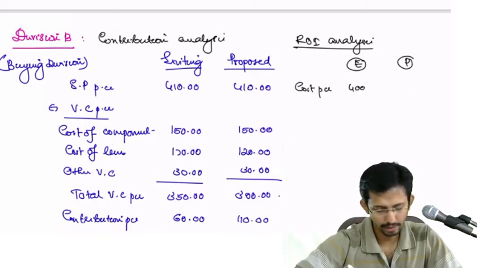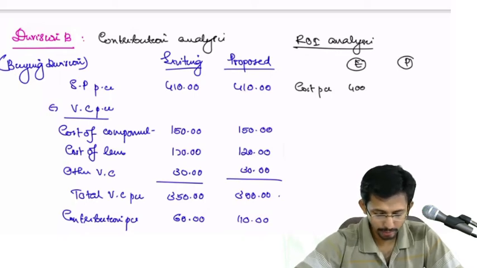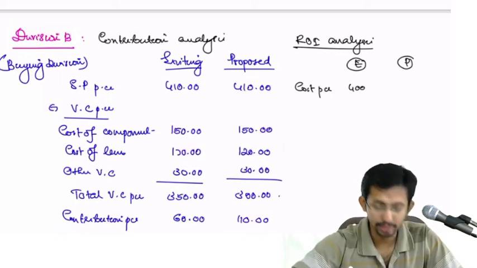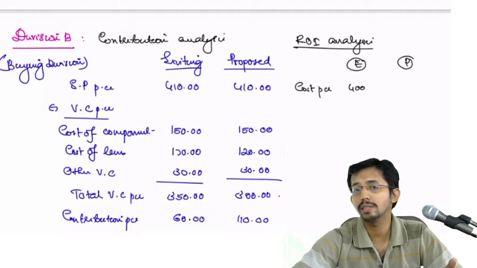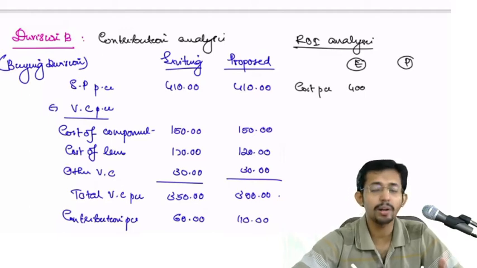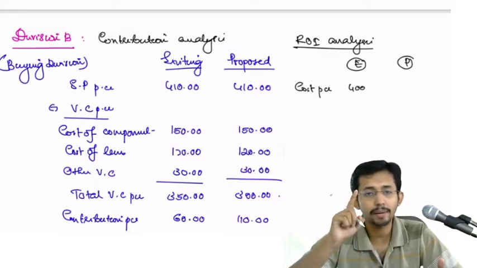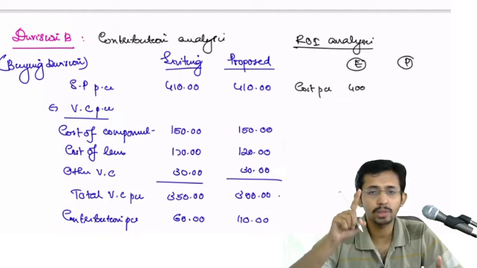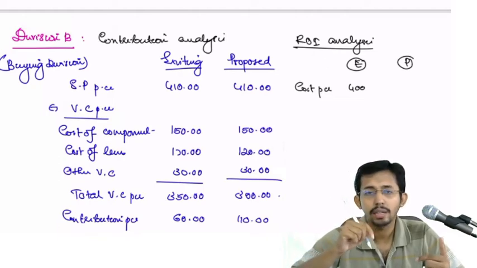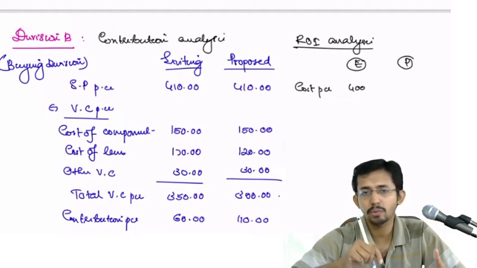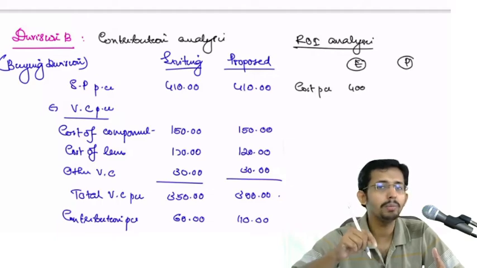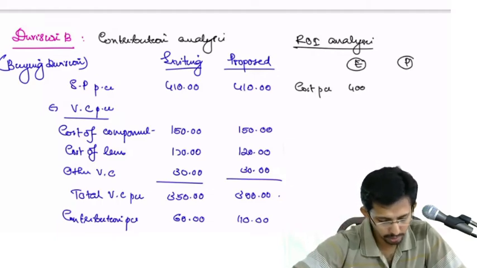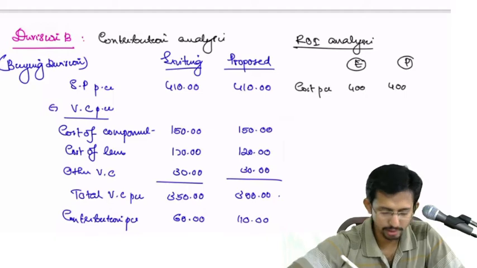It is given, right? And in the proposed situation, the cost is going to change. Okay, how does the cost change? The cost of rupees 400 per unit is computed based on a purchase price for the lens of rupees 170, whereas now when the lens is procured internally, the cost will be only 120. So 400 is the existing cost.